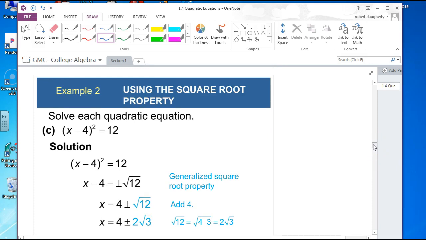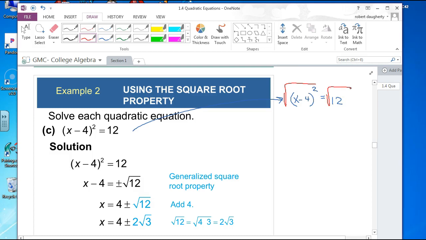Now let's do this one a little bit different. X minus 4 squared is equal to 12. Same concept. The key to solving this, since that term is squared and isolated, is to take the square root of both sides.